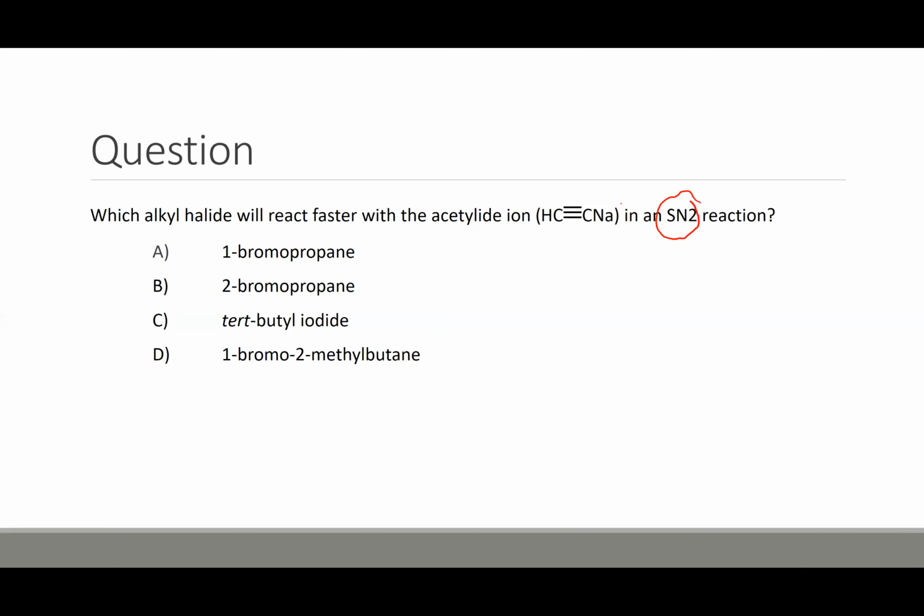So we look quickly at these. These are all alkyl halide groups. You can see this is one where the bromine is on one position. That would be this, 1-bromopropane. Here's 2-bromopropane, tert-butyl iodide, that's this group. And 1-bromo-2-methylbutane.